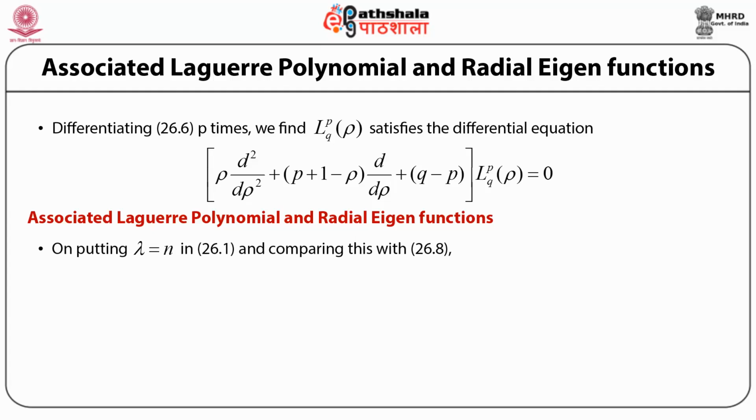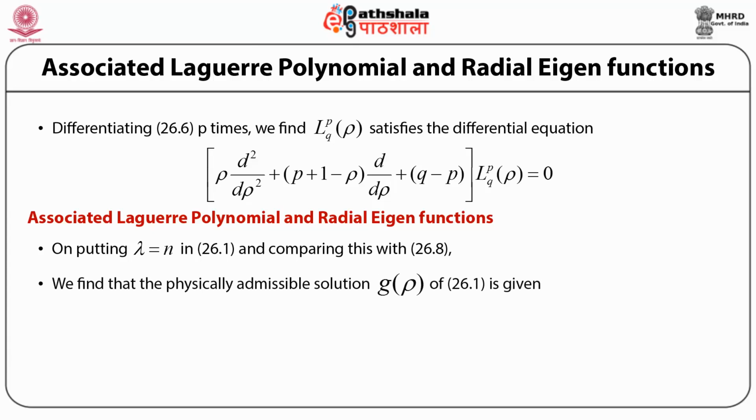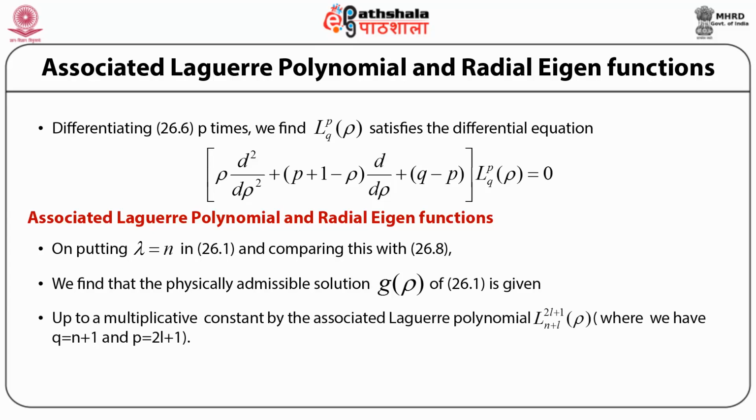On putting lambda equal to n in 26.1 and comparing this with 26.8, we find that the physically admissible solution G(rho) of 26.1 is given up to a multiplicative constant by the associated Laguerre polynomial L_{n+l}^{2l+1}(rho), where Q is equal to n plus l and P is equal to 2l plus 1.